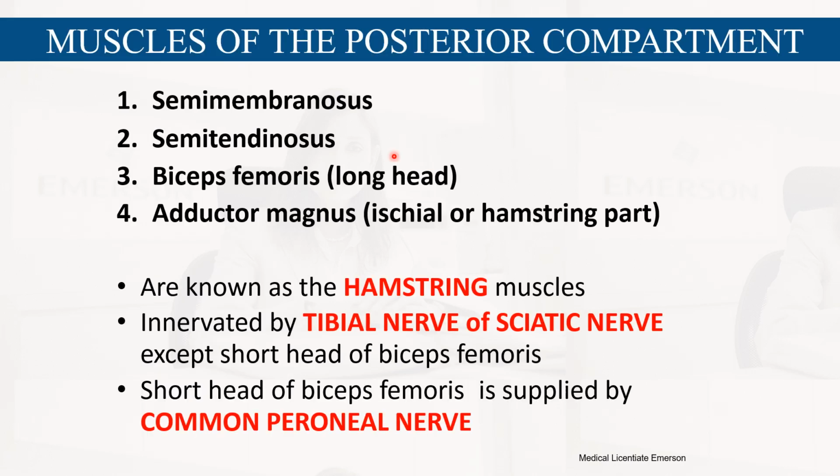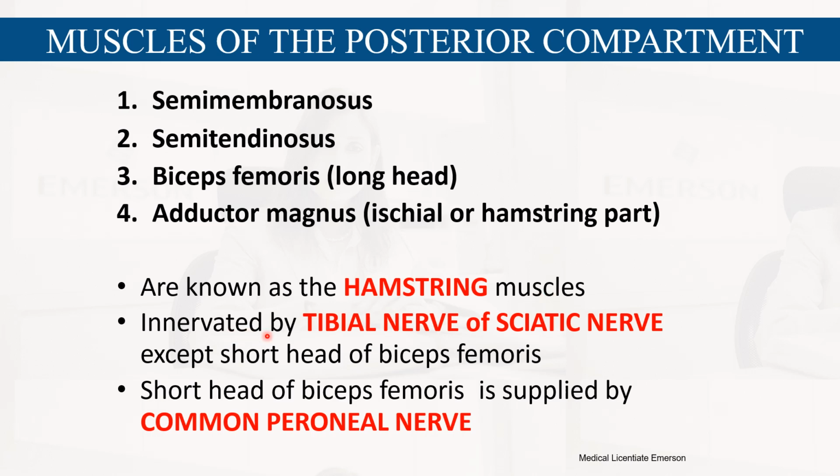Then the posterior compartment, you have the semimembranosus, the semitendinosus, the biceps femoris, which is the long head, and the adductor magnus, which is the ischiocondylar part. These are also known as the hamstring muscles, the posterior compartment hamstring.